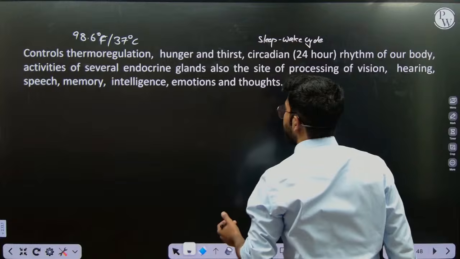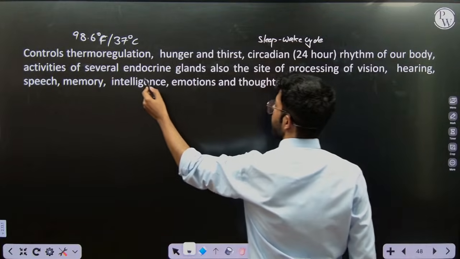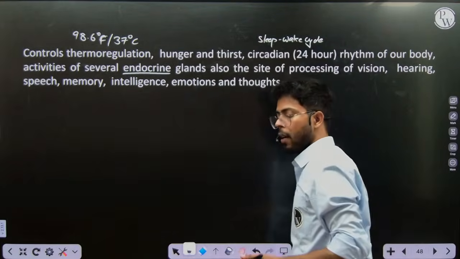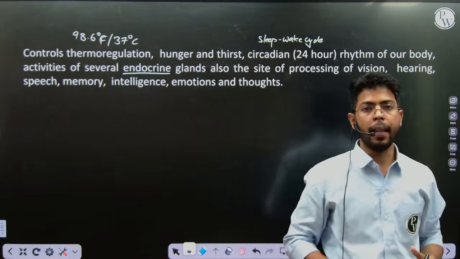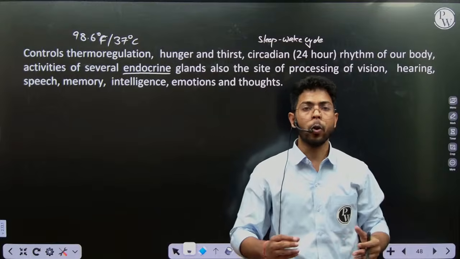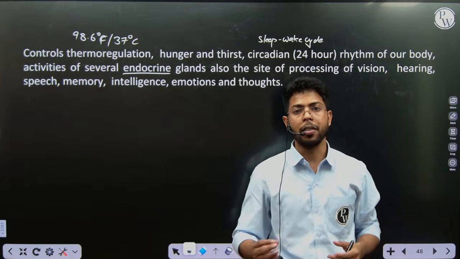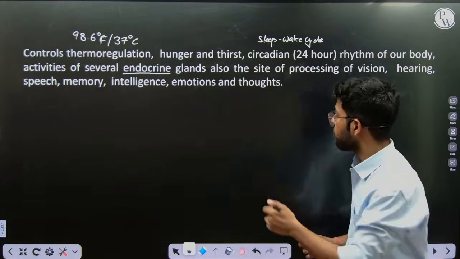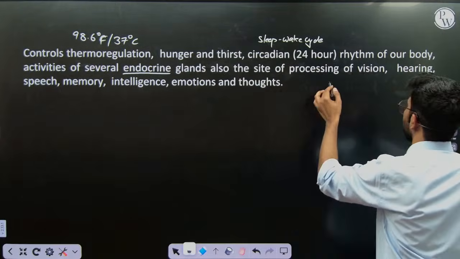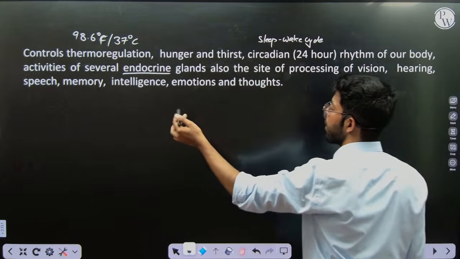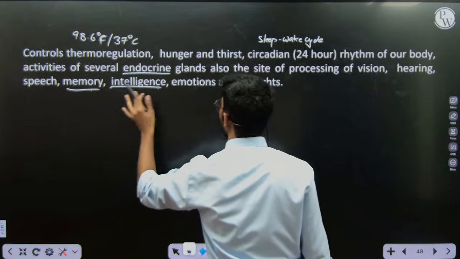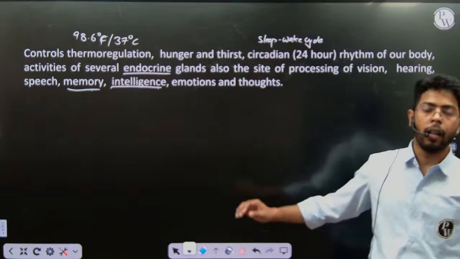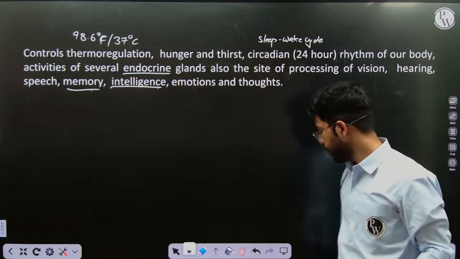Several endocrine glands. Endocrine means the ductless glands. They lack ducts. They pour their secretion directly into the bloodstream or lymph, and it is the site of processing of vision, hearing, memory, intelligence. So intelligence, memory, all these are controlled by our brain.